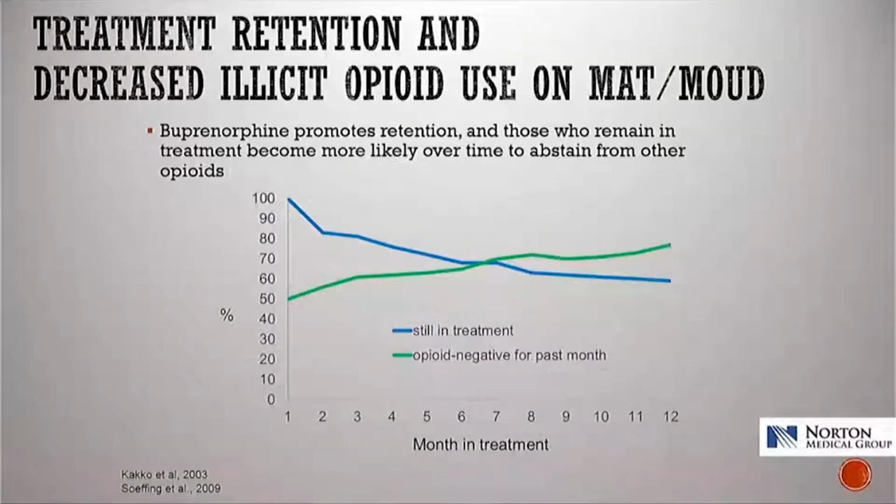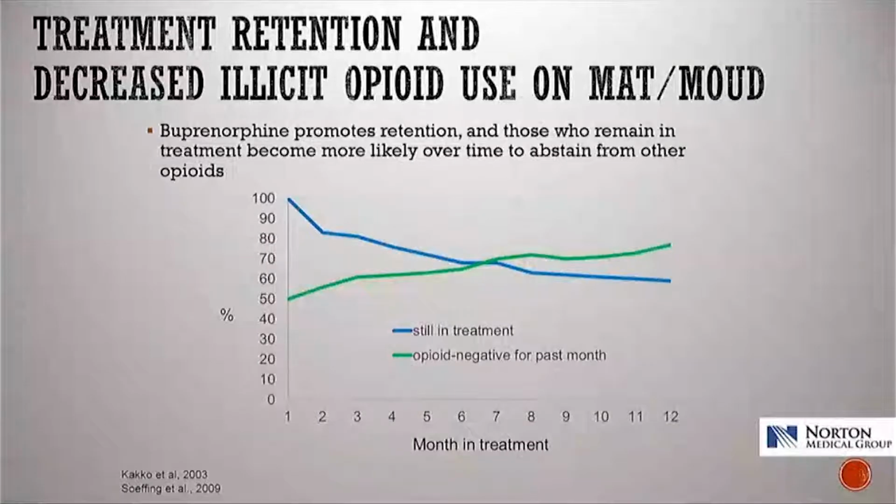And so this is maintenance and treatment. So looking at people over a 12-month period, with MAT we're able to keep them in, and this is actually done in a primary care setting. So in primary care, they were able to keep these patients in care and engaged at 12 months at least at a 60% level.